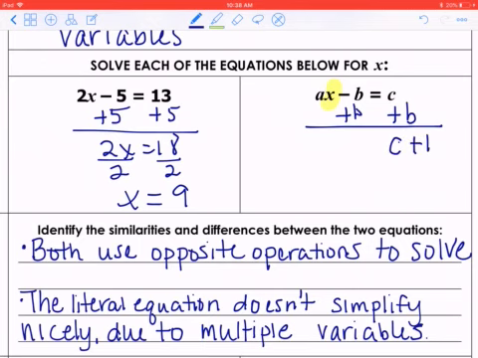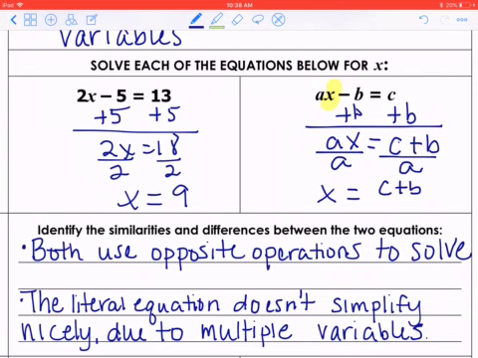So I'd write c plus b, and then I'm going to bring down my ax. The a is being multiplied by x, so I'm going to divide each side by a. And then my answer becomes x equals c plus b all over a.